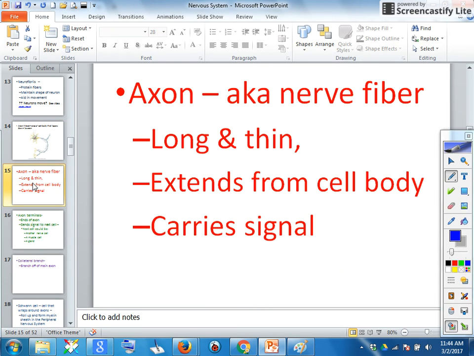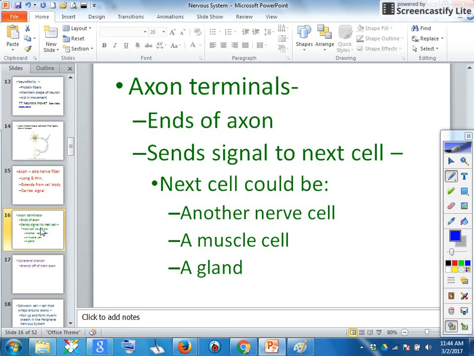Axon, that's the long fiber. That's the nerve fiber. It's long and it's skinny. It extends all the way from the cell body to the end of the neuron, and that's what carries the signal. Then you have the axon terminal, which terminals are the end, and that's what will connect with the next cell.